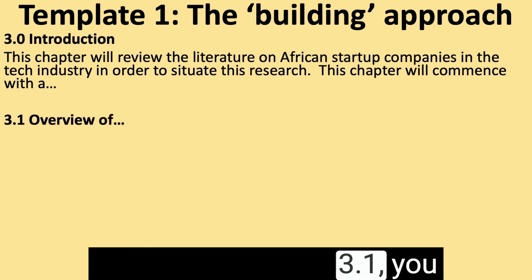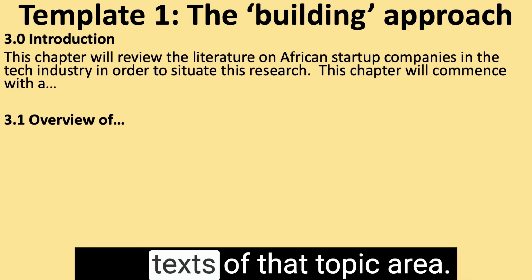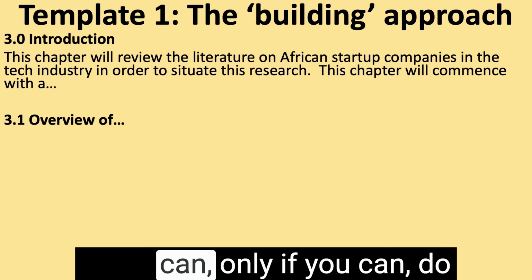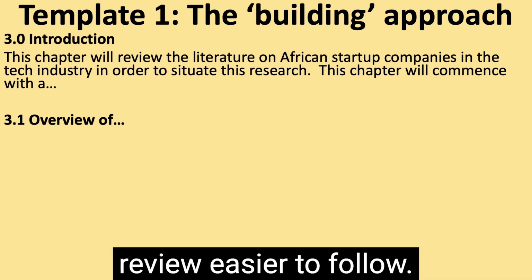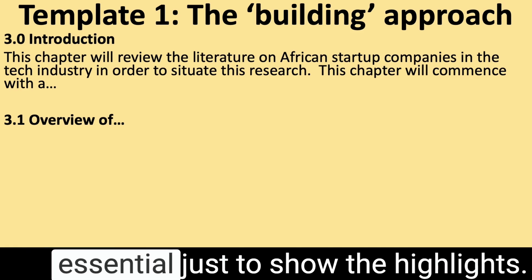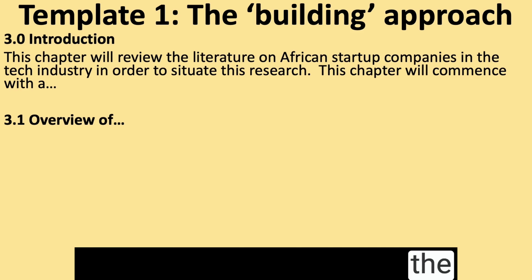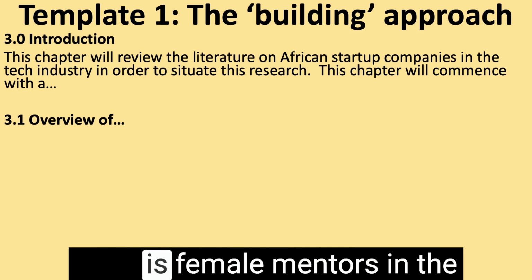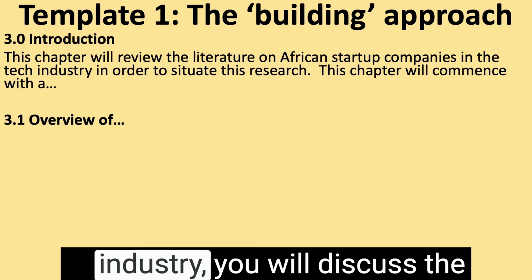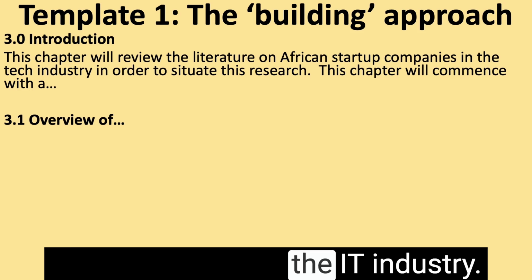In the next section, 3.1, you will provide an overview of the main texts of that topic area. If you can, only if you can, do this in chronological order. This will make your literature review easier to follow. It is essential just to show the highlights. Not every single text, just the main and prominent text. For example, if your dissertation topic is female mentors in the IT industry, you will discuss the most prominent texts that discuss female mentors in the IT industry.